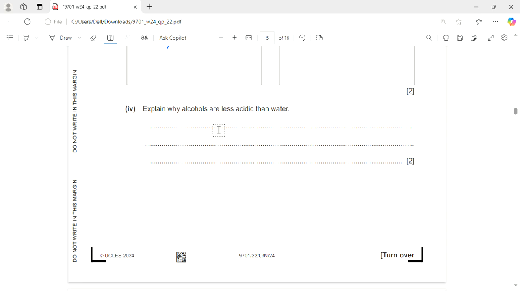Because alkyl groups are electron donating.